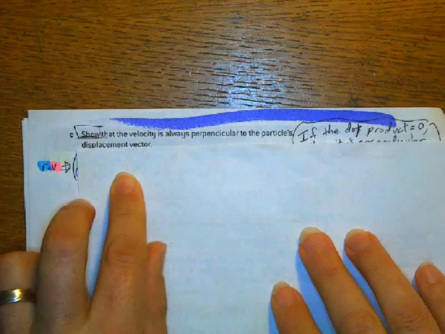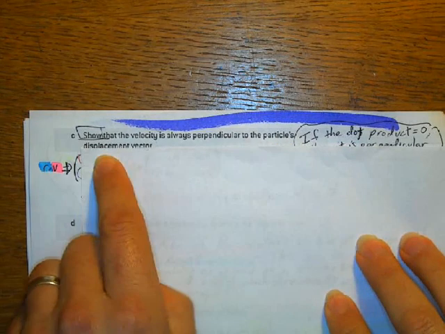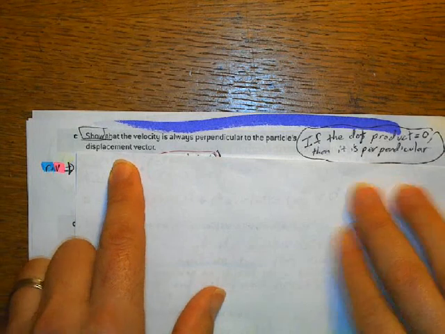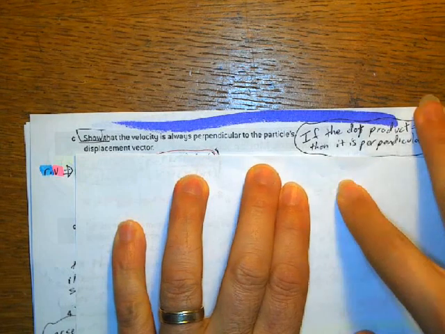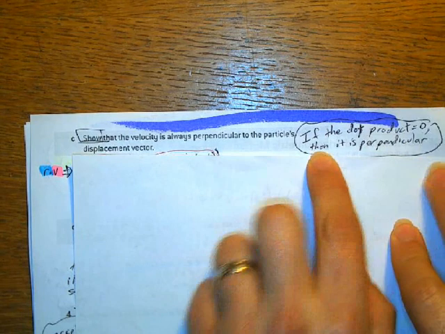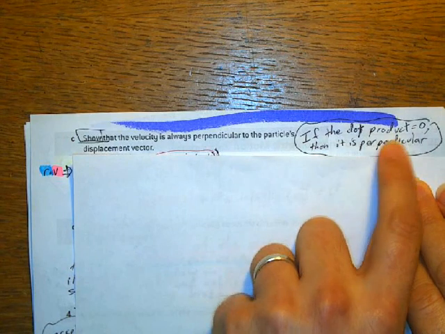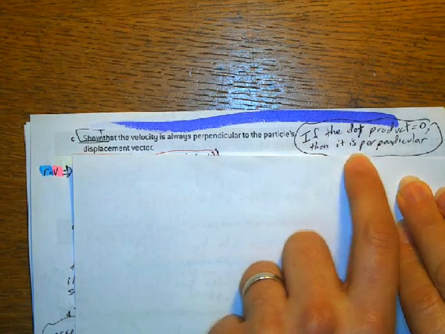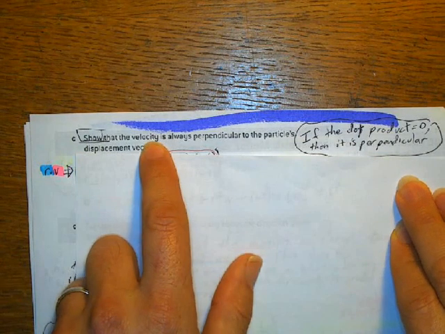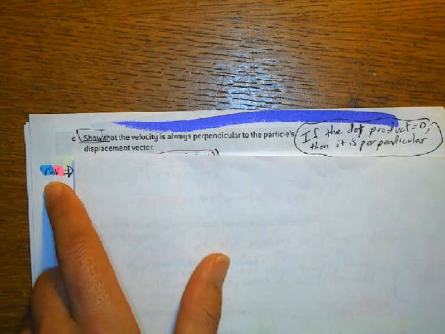Show that the velocity is always perpendicular to the particle's displacement vector. In chapter 3 we learned that if the dot product, or scalar product, is 0, then the vectors are perpendicular. So we need the velocity vector and the displacement vector.